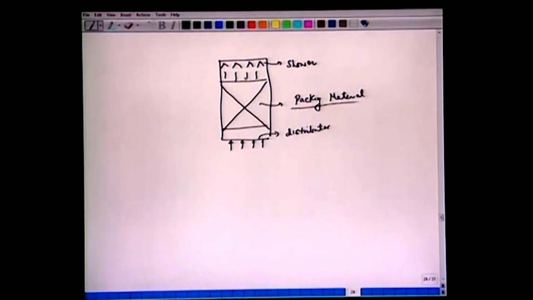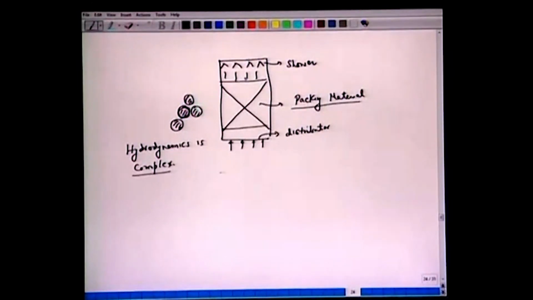which is randomly packed. All it means, if you look very carefully, suppose you have the simplest spherical beads, another bead sitting next to it, another bead sitting on top of it, another bead sitting here. The hydrodynamics is quite complex. You must appreciate that in this case hydrodynamics is complex.